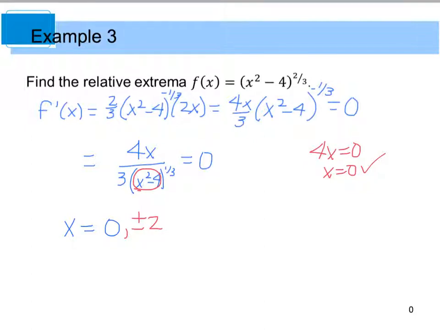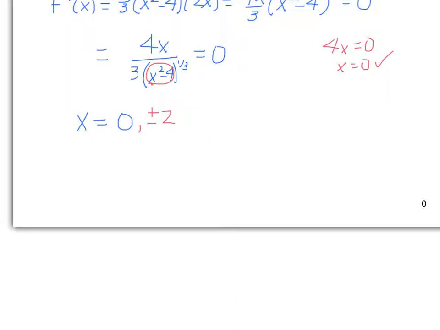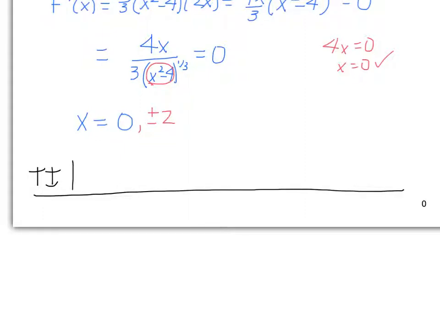So when I go to set up my table, I need to include 0 and plus or minus 2 in my test intervals. So let's go ahead and do that right now. I'm not limited on any starting or ending points. So I'm going to go from negative infinity to negative 2, because I'm going in increasing order from smallest to largest.